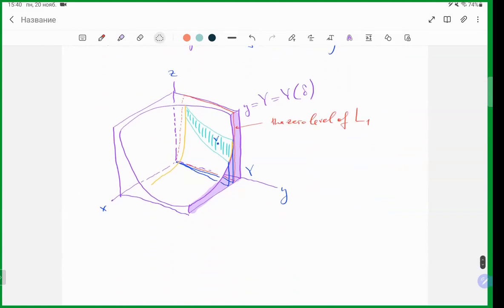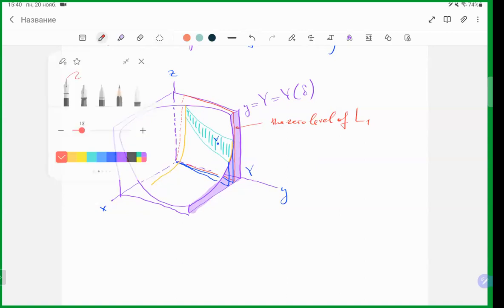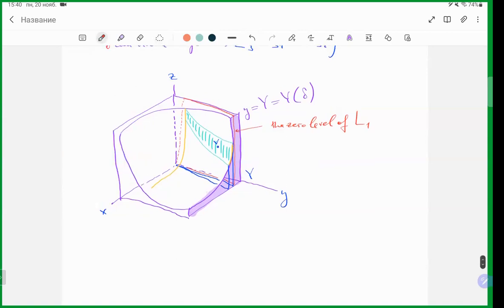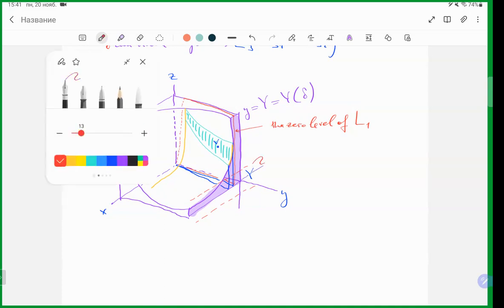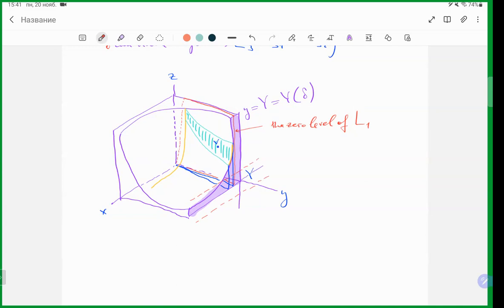And look, wherever the zero level of L3 is, it is somewhere, say, in this picture, the intersection with the plane Y equal to Y capital will have a rather thin stripe that will contain the intersection with the zero level of L3.